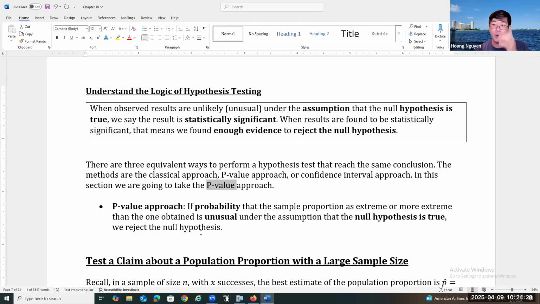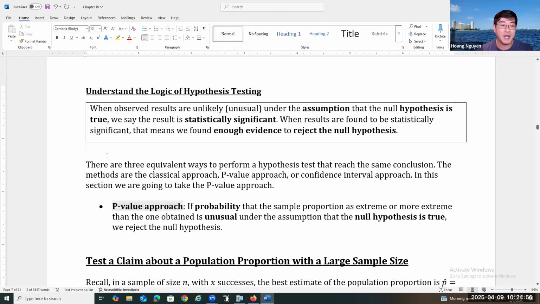Based on the sample proportion, we're going to calculate some probabilities, and if that probability is unusual, then we can say that we have enough evidence to reject the null hypothesis. That's the idea of the p-value approach. For the p-value approach that we're using, there is a shortcut in the calculator that can help you do the calculation for the p-value.